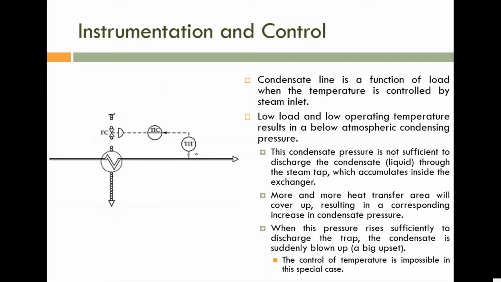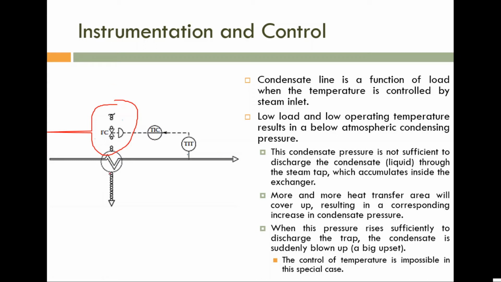Here the temperature is measured, and with respect to the temperature measurement, the TIC is manipulating the steam flow rate. Here you can see that we are using a normally closed valve. Why? We are using steam. If the control signal fails, we need to stop the flow of steam through this heat exchanger. Otherwise, if it is normally open, maximum steam is allowed to pass through this steam heater.